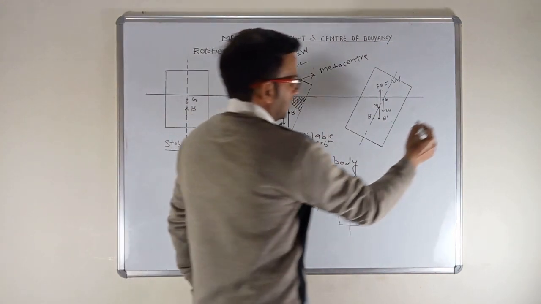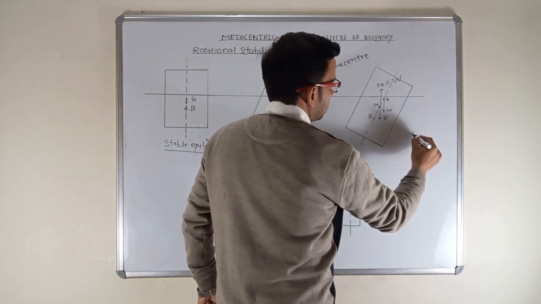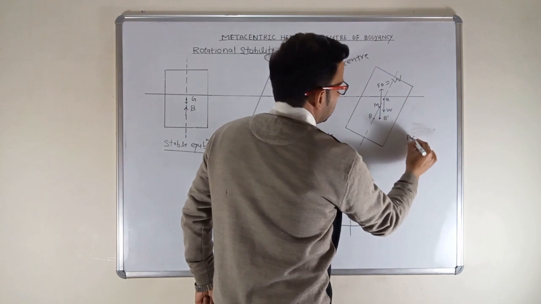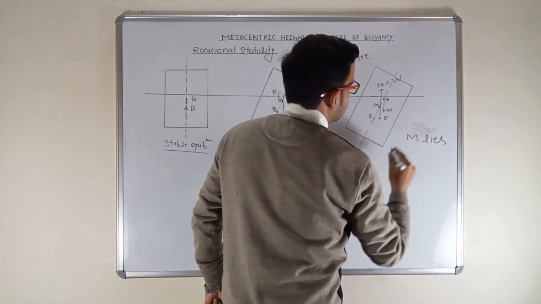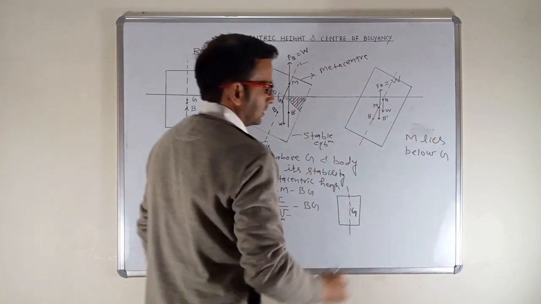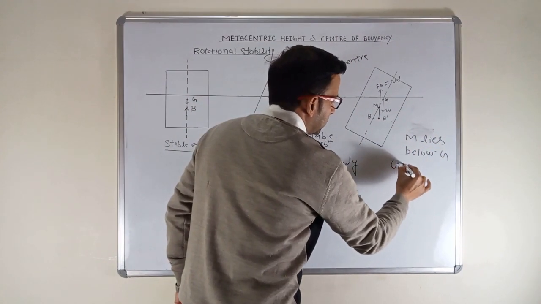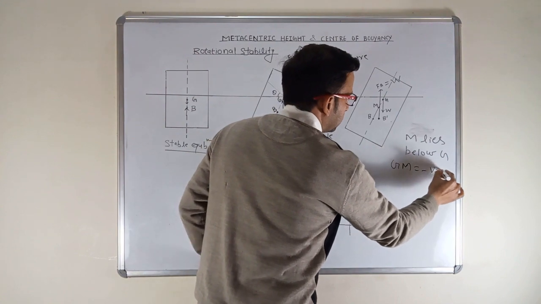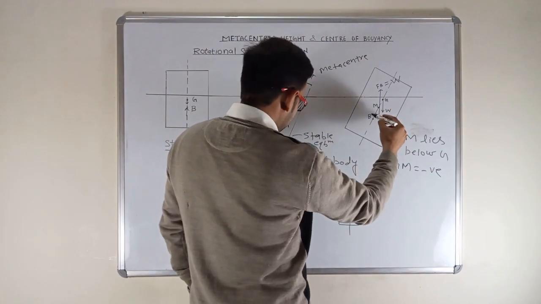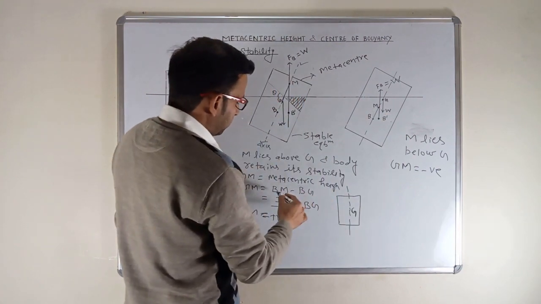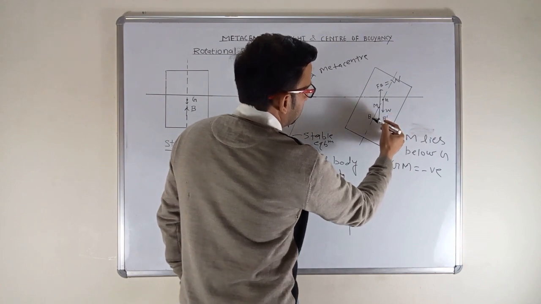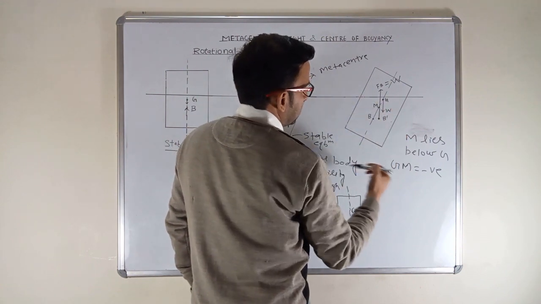Second case. In this case, M lies below G. That's why GM is negative, because if you subtract BG from BM, definitely BM is the shorter dimension and BG is the larger dimension.